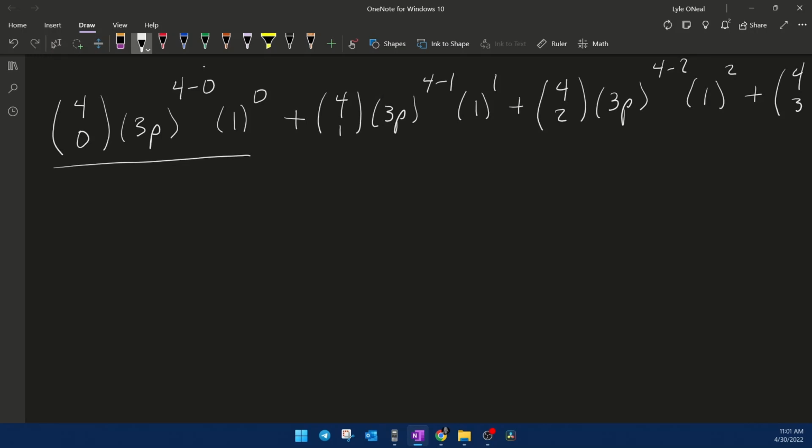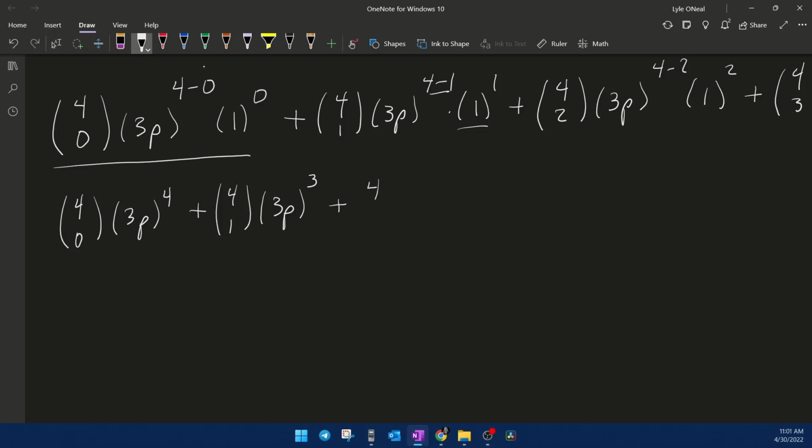So starting with 4 choose 0, 3p to the 4th, 1 to the 0 is 1, I don't have to write that, plus 4 choose 1, 3p to the 4 minus 1, which is 3, and again multiplying by 1, I don't have to write that.